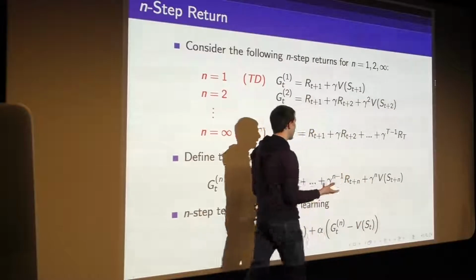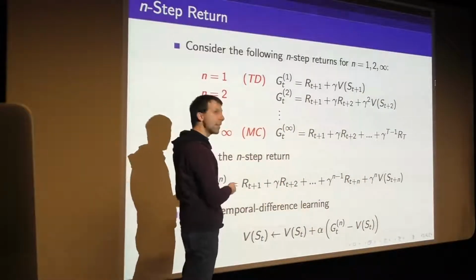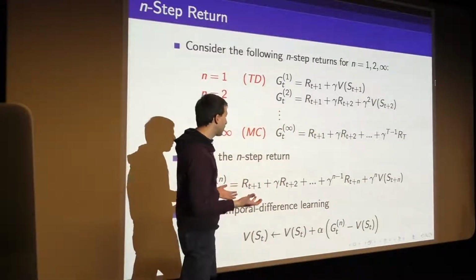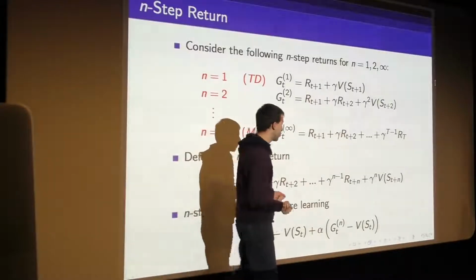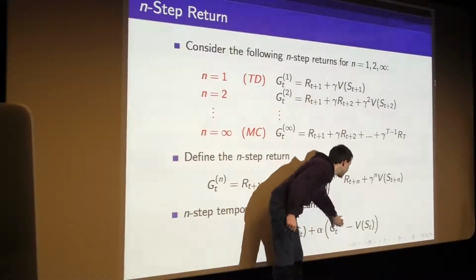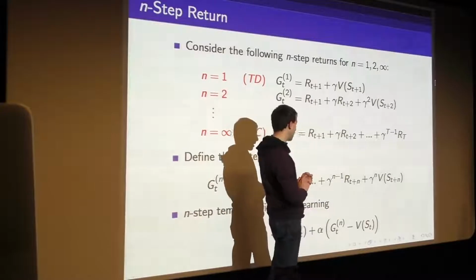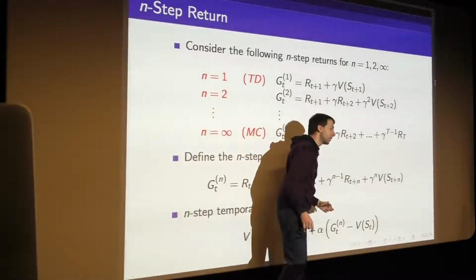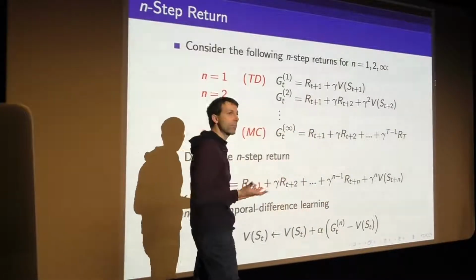And we can use that as our estimator. And we can plug this in the same way that previously we took our Monte Carlo estimate and we plugged in our TD0, our TD target, in place of the actual return. Now we're going to plug in our n-step return as our target.